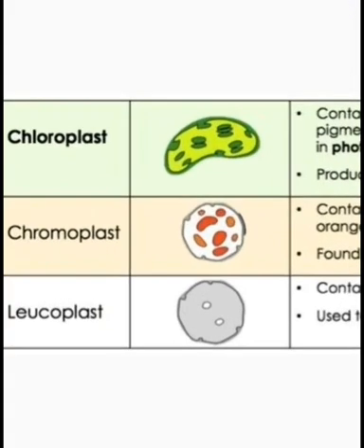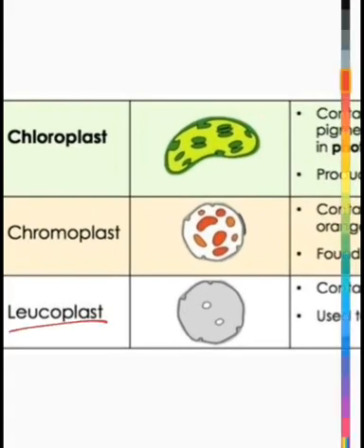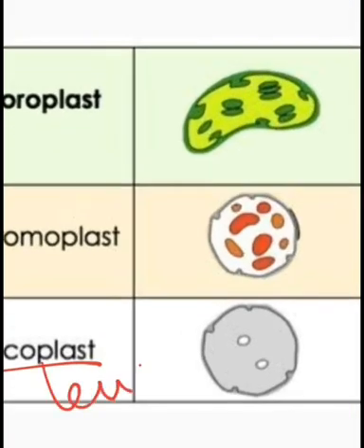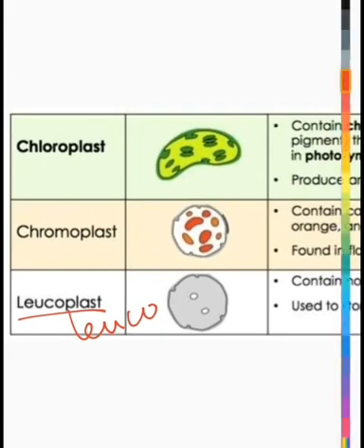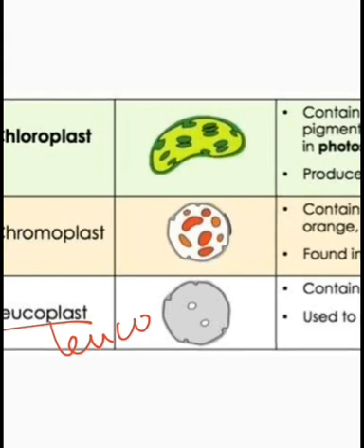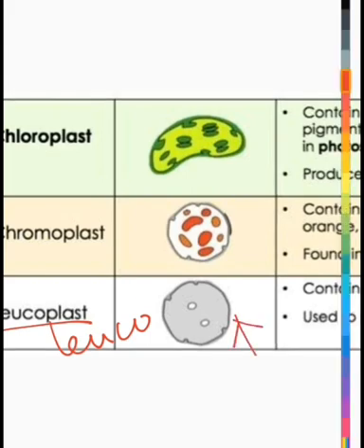Moving on to the last category of plastid, that is leucoplast. The word leucoplast is derived from the Greek word leuco, which means white. As you can understand from this picture, this plastid does not contain any color and hence is white.